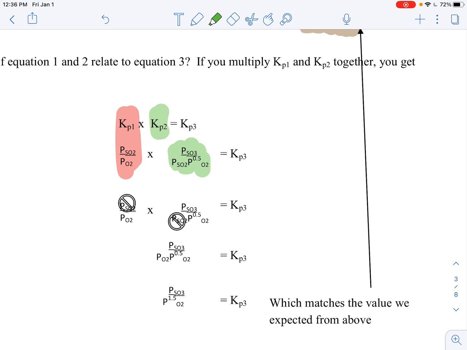So all you have to do is multiply them together. KP1 times KP2 is going to give you KP3, which is what you want.